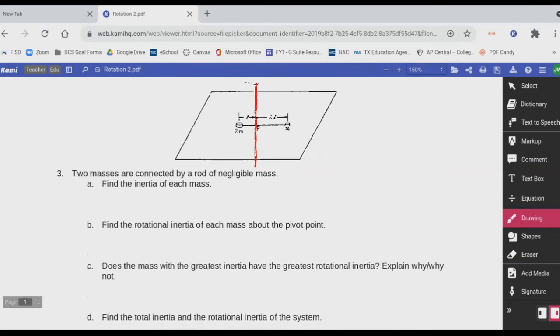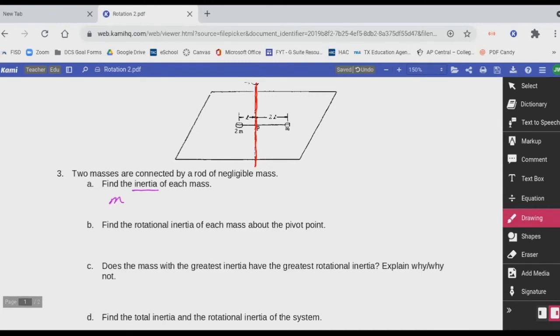1, 2, 3, go. So for I guess mass m, would it be m times 4L squared? That's the rotational inertia. What is the inertia? M? All right, on the right, I would have m.